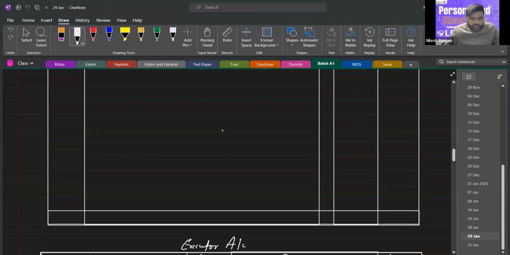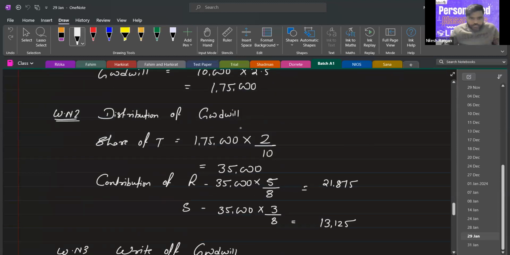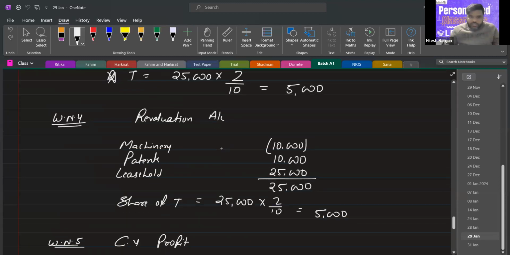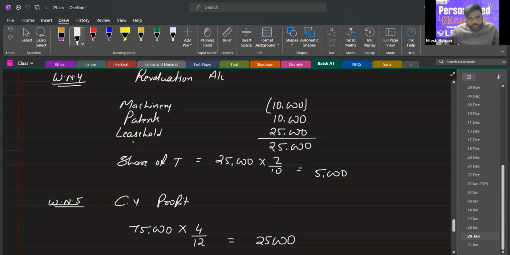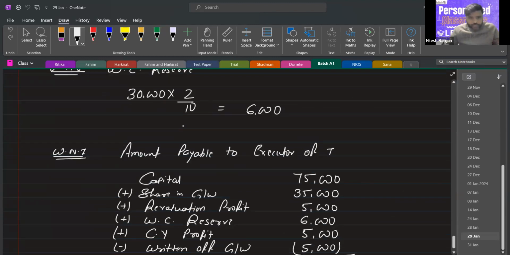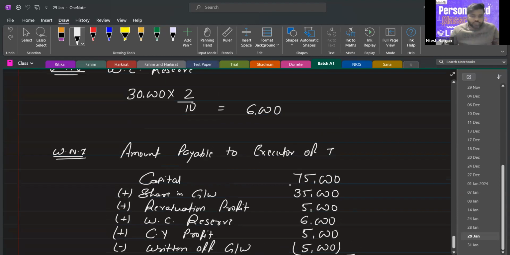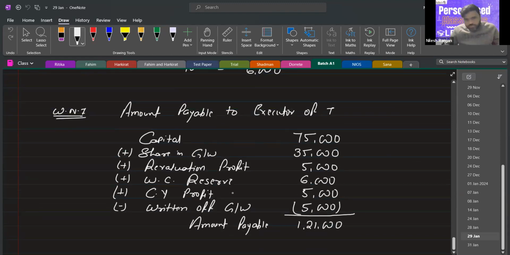You can see we have to do many working notes like calculation of goodwill, distribution of goodwill, right of goodwill. I have not prepared the revaluation account, but maybe the question can ask you to prepare the revaluation account also, current year profit, workmen compensation reserve, and amount payable to executor's account. So this we can calculate by preparing the capital account also.